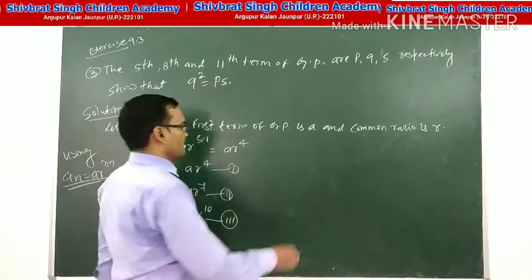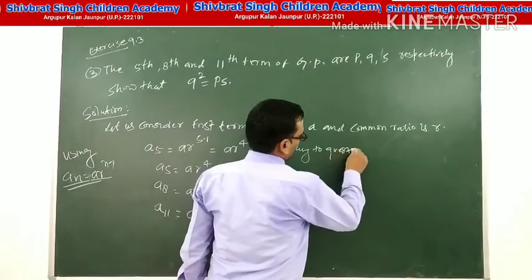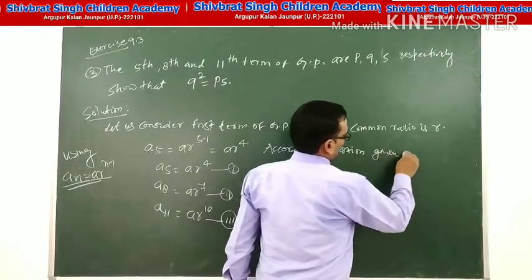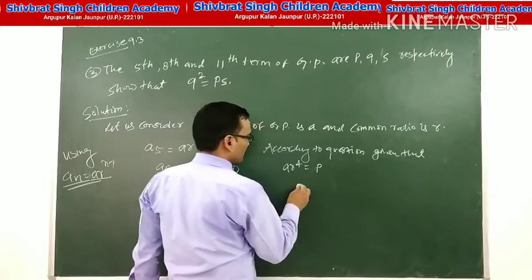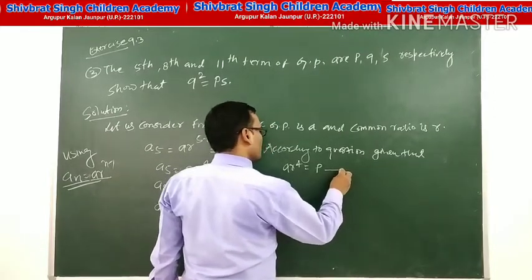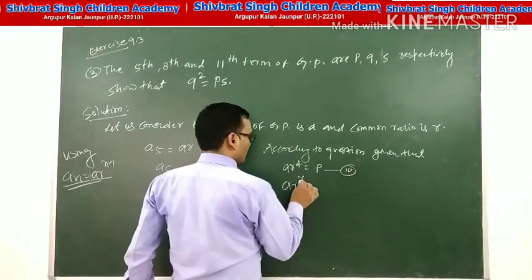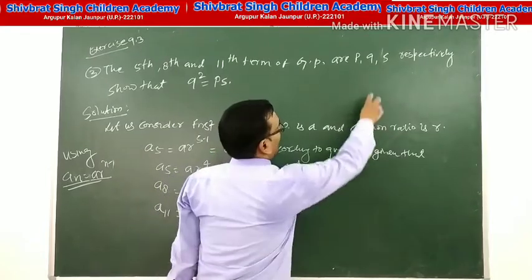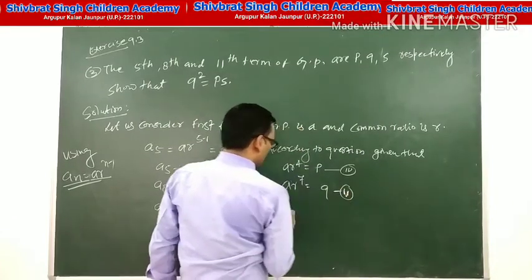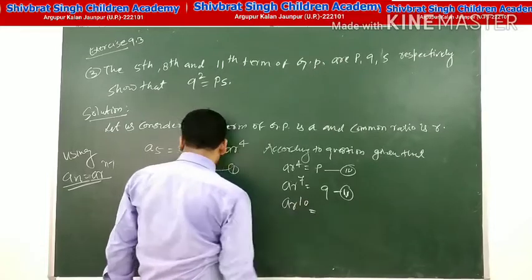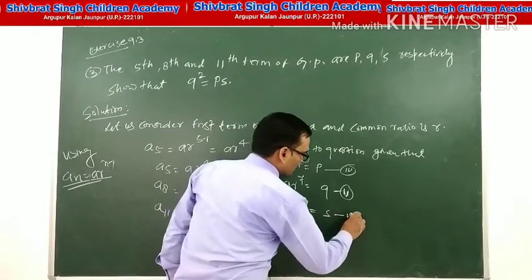According to the question, given that a r to the power 4 equals p, a r to the power 7 equals q, that means the 8th term of the GP is q, and a r to the power 10 equals s, that means the value of a11 equals s.